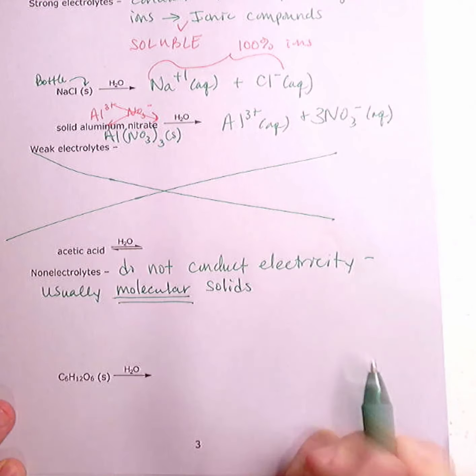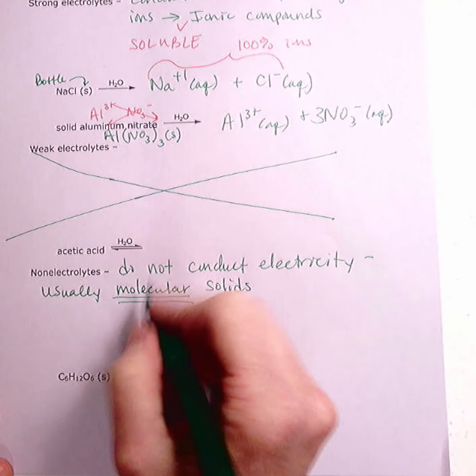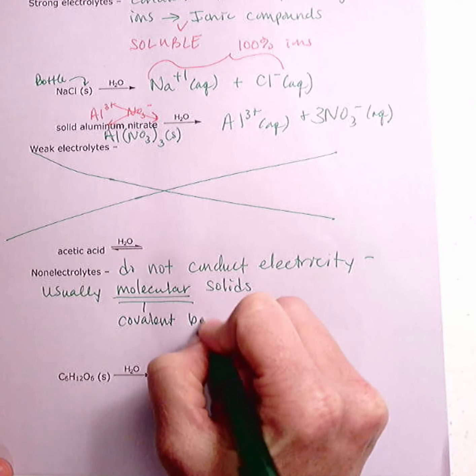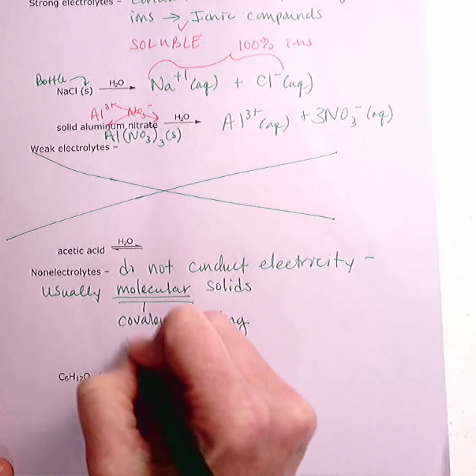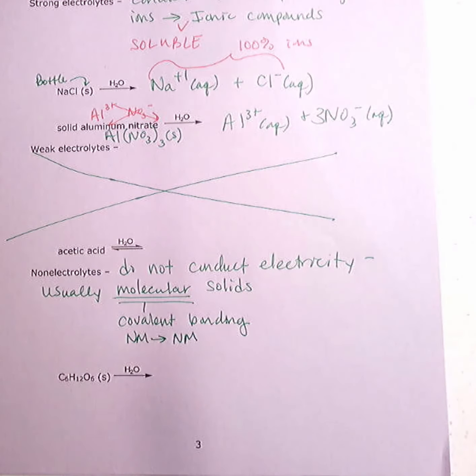What do I mean when I say molecular? They bond via covalent bonds. Covalent bonding takes place with nonmetals to nonmetals. Remember, those are the ones that share electrons. They do not give up electrons, transfer electrons.